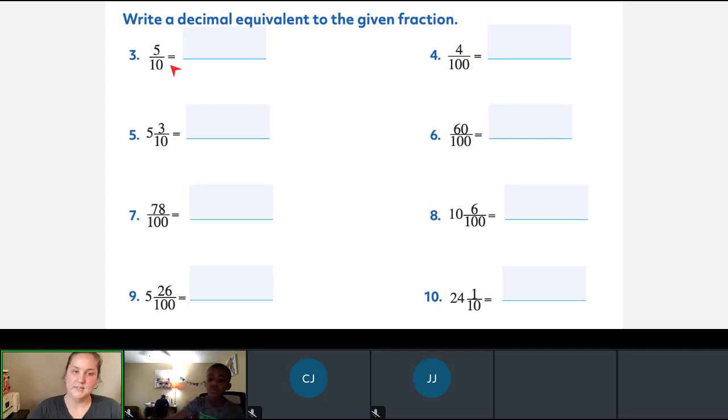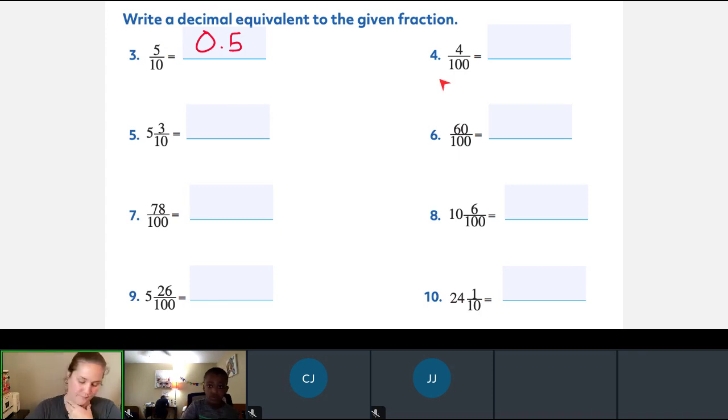Okay. So for number 3, it is 5 divided by 10, which is 1/2 or 0.5. So write number 3, 0.5. Okay.